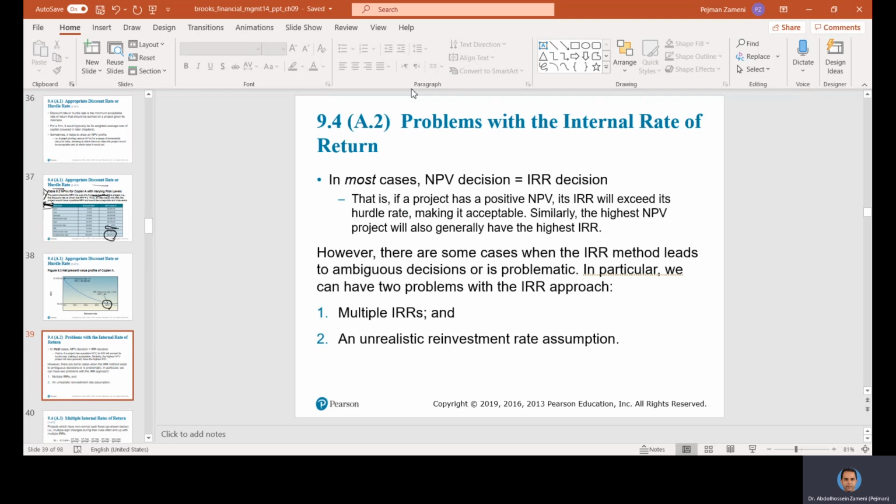Similarly, the highest NPV project will also generally have the highest IRR. However, there are some cases when the IRR method leads to an ambiguous decision or is problematic. In particular, we can have two problems with the IRR approach: multiple IRRs and the unrealistic reinvestment rate assumption. Let's see.